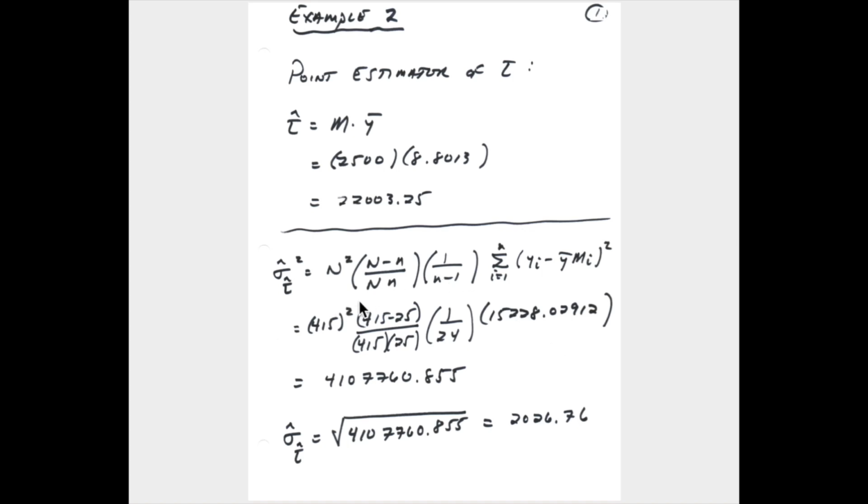Then we need to estimate the variance of this estimator of tau. Again, this is the formula that we use, and we've already calculated this expression here in the previous example, so we don't need to recalculate it. The estimated variance of tau hat is 4,107,760.855. The square root of that, which gives us the estimated standard error of tau hat, is 2,026.76.